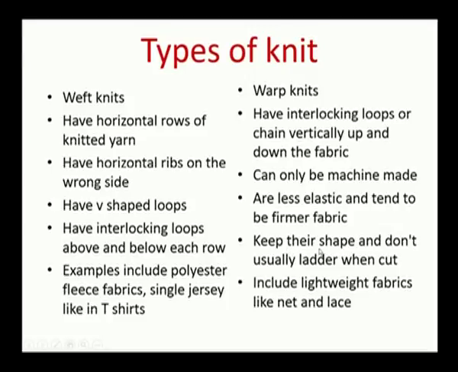Here keeping the shape and do not usually ladder when cut. And examples for weft knits are fleece fabrics, single jersey like in t-shirts, whereas in case of warp knits, lightweight fabrics like net and lace. So, this is the difference between weft knits and warp knits.